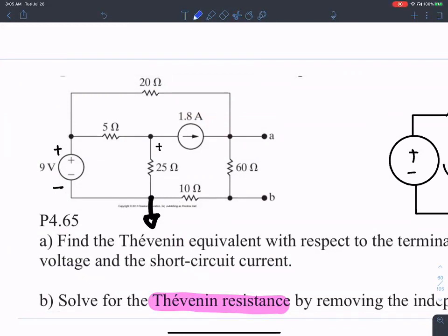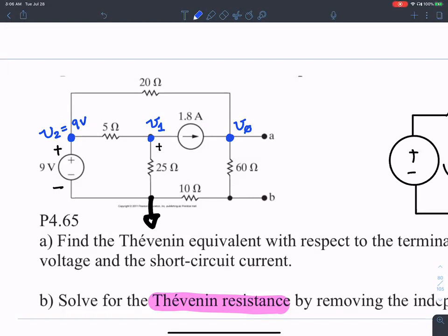And the next step is to identify some other independent nodes. So I'm going to call this V0. That's the node right there. I'm going to call this node V1, and this guy V2. And we know the value of V2 is 9 volts because it's being supplied by the 9-volt power supply.